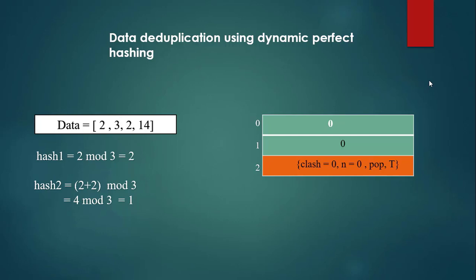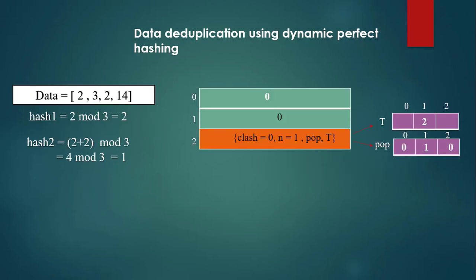From the secondary level hashing, we get the index of the subarray where we will keep the data. After keeping the data, we will increase the popularity count by 1. From the first level hashing, we get 2, so at index 2 we create a set.